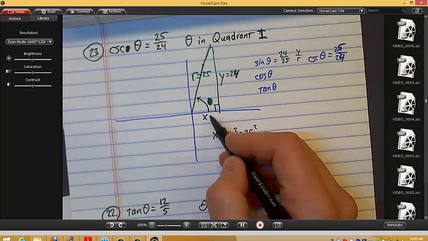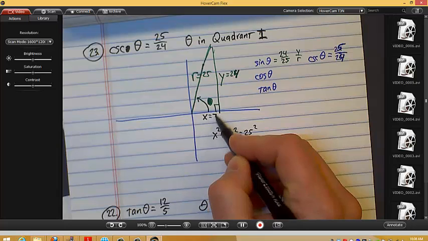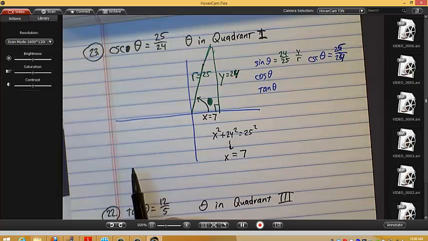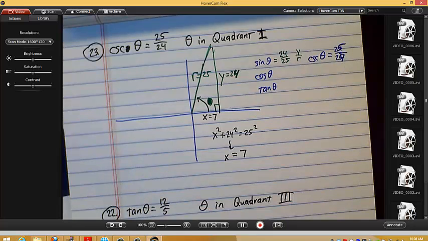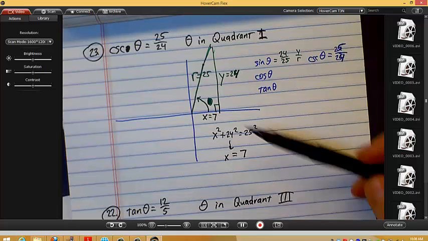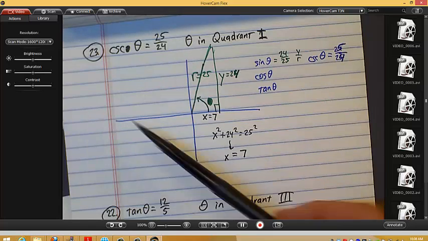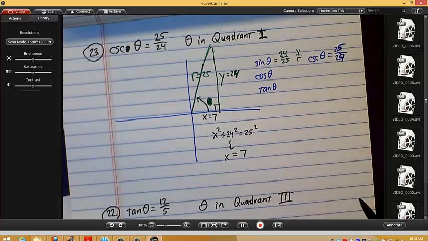There was something called a 7, 24, 25 right triangle. See, he picked really nice numbers for us. Normally, should I expect this to come out to be an integer? No. But he made it that way for us. So that's really nice. Of course, at this point I'm all set, right? If I have that triangle drawn, I could do all 6 trig functions.